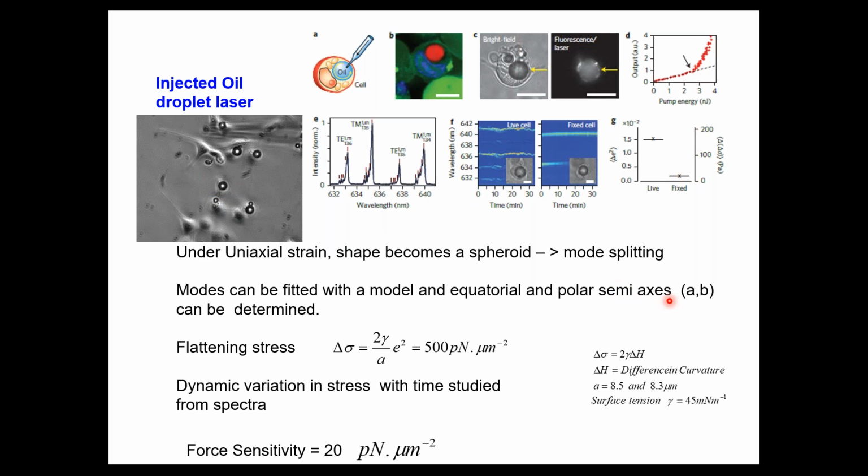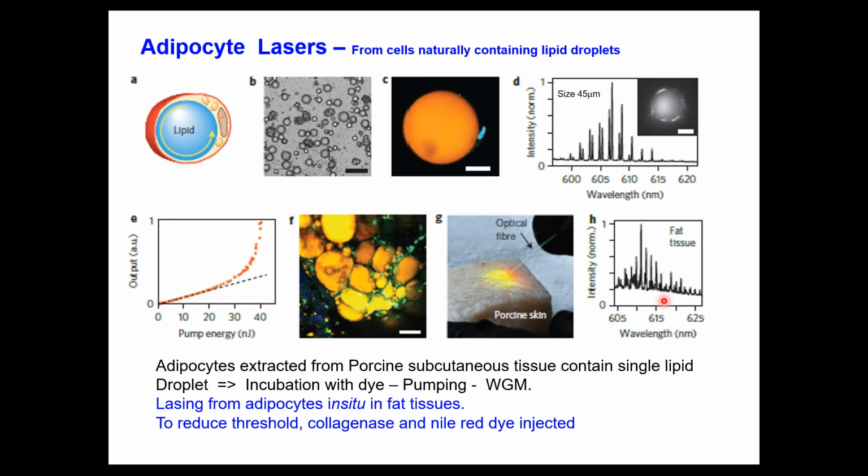And this is adipocyte laser. I'm coming to my conclusion. Before that, I will discuss these two final slides. For example, these are natural cells which contain lipids, which are called the adipocyte lasers. So adipocyte tissues have cells which naturally contain lipid droplets.